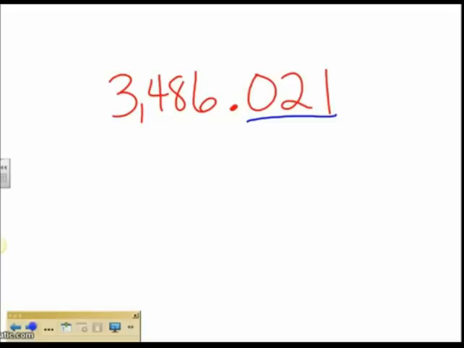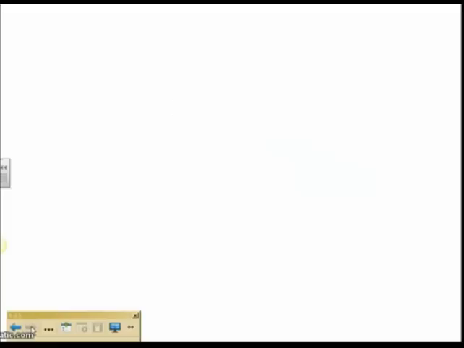That entire number is 21. Now that 21 falls in 1, 2, 3 spots. So if I do my boom, Tom heard thunder, I know that that 1 stops in the thousandths. So that is 3,486 and 21 thousandths.